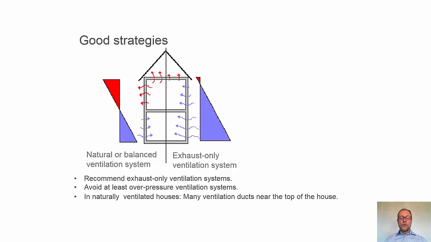At least it's important to avoid an overpressure ventilation system, where you actively press out the indoor air through the building envelope. If we have a naturally ventilated house, we can move the neutral plane upwards by having more openings in the upper part of the building.